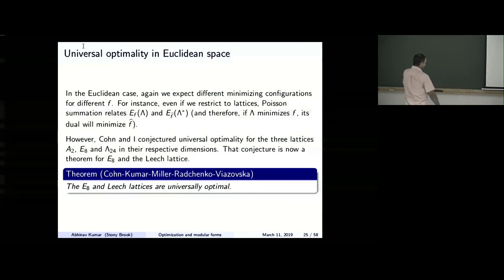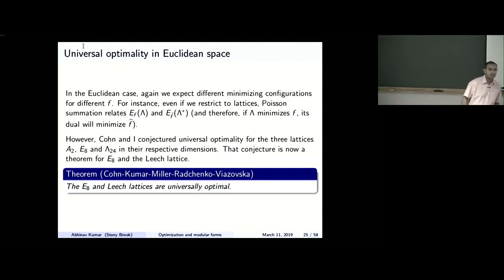So the theorem, joint work with Henry Cohn, Steve Miller, Radchenko, and Viazovska, is that E8 and Leech are universally optimal. In fact, they optimize all completely monotonic functions of distance. Any questions so far?